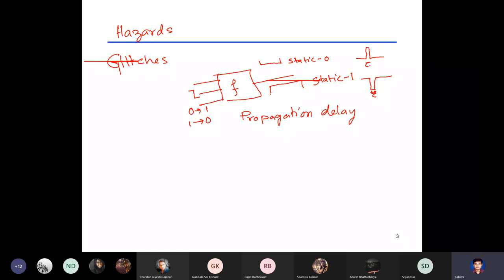So these are glitches. We call a circuit to contain a hazard if there is a potential for a glitch. Potential for a glitch means it's not that for all input combinations and all input transitions such glitches will appear, but for some input combinations, this type of glitch may appear.